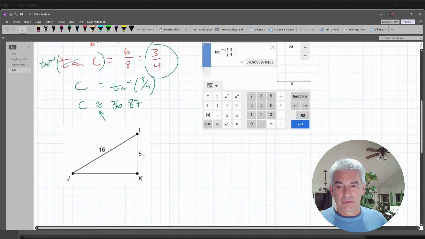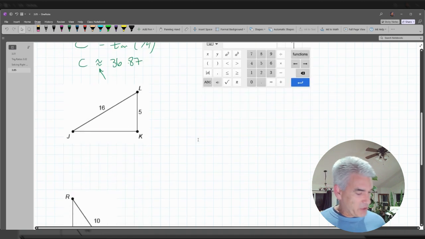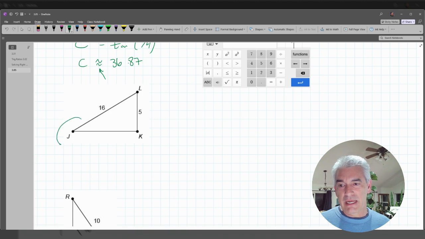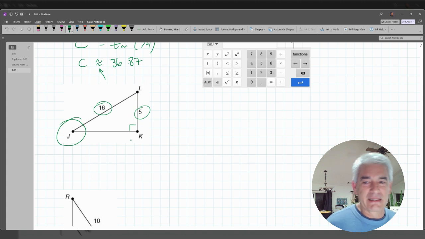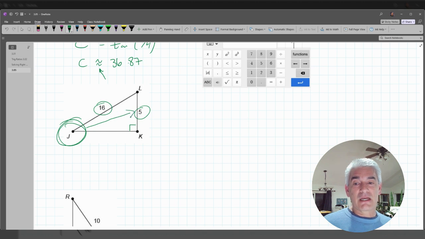Let's take a look at another one here. So here I'm trying to find the value of J. I have this side over here, 5, and this side over here, 16. They should have drawn it in, it's a right triangle. So with respect to J, 5 is the opposite side, and 16 is the hypotenuse.